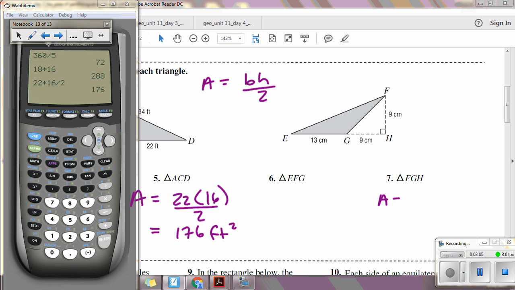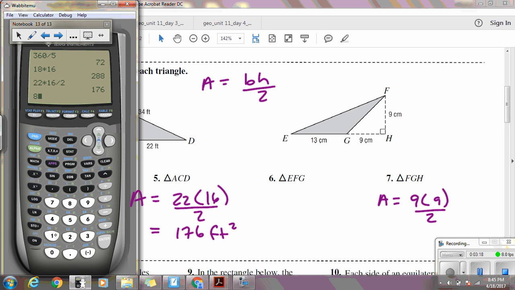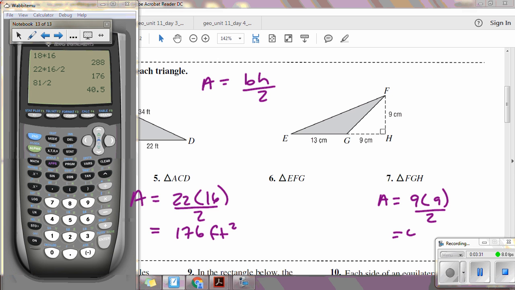Again, in this one, our base is 9. Our height is also 9, and we're dividing by 2. So 9 times 9, which is 81, divided by 2. And it's 40.5 centimeters squared.